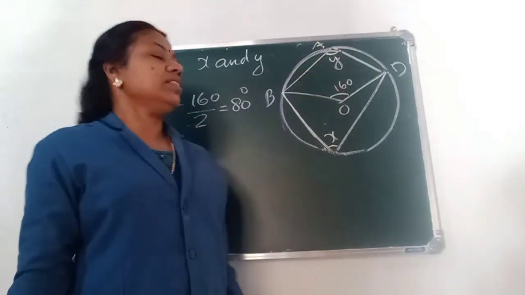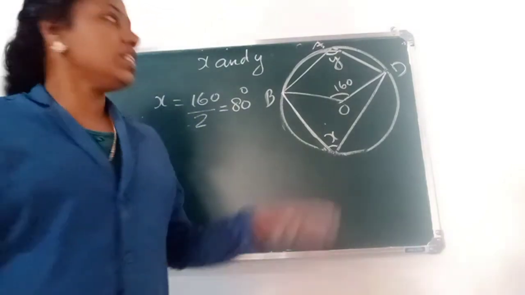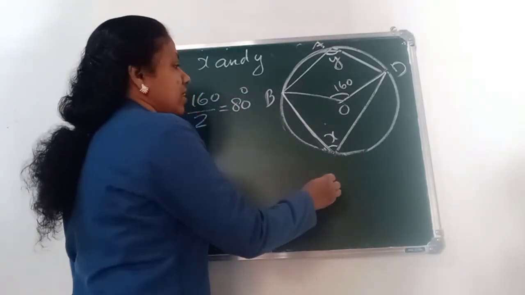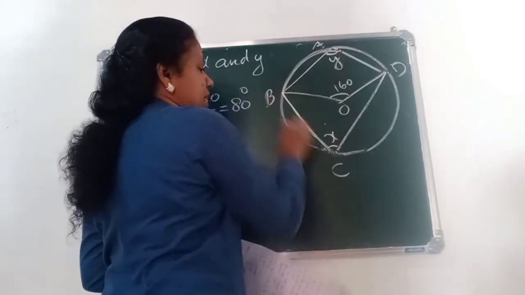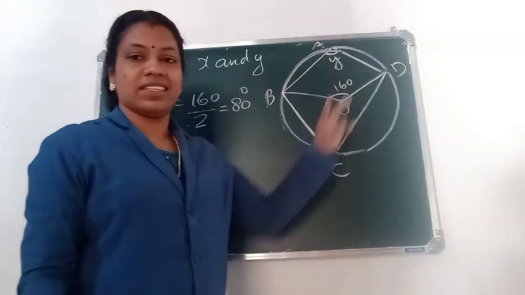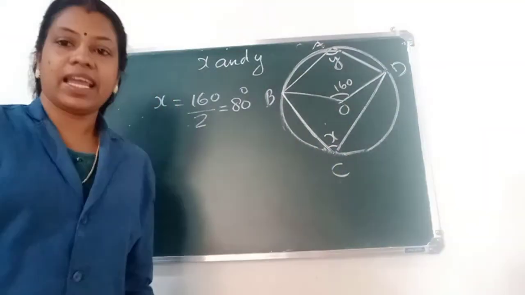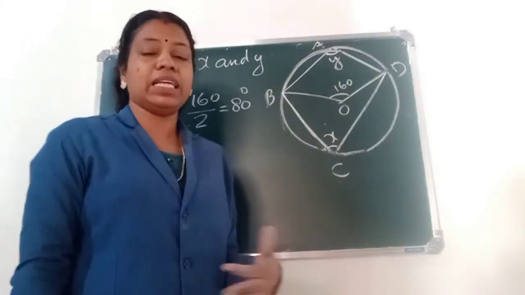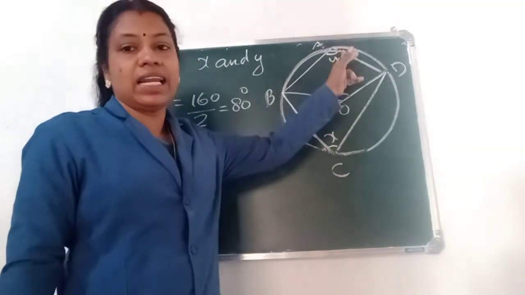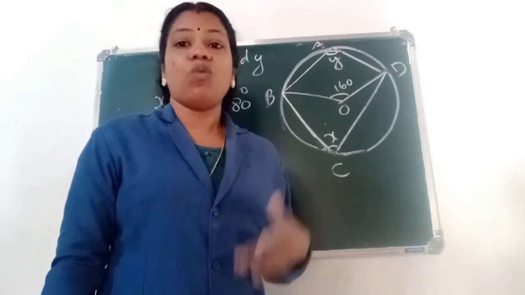Then find Y. So this is also a cyclic quadrilateral. Look at the points. A, B, C, D is a cyclic quadrilateral, with all four vertices lying on the circle. Here also we can apply the theorem. X and Y are opposite angles, so the sum of the opposite angles of a cyclic quadrilateral is 180 degrees.